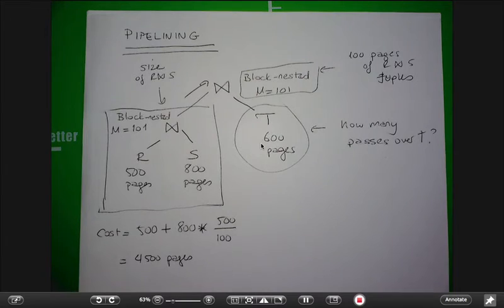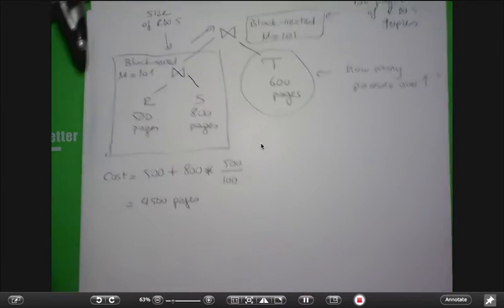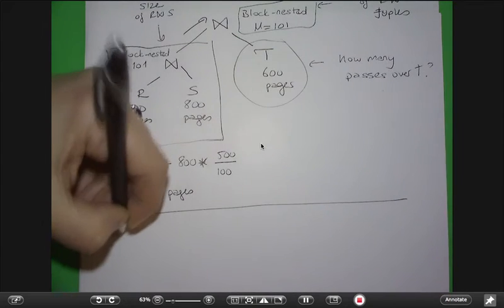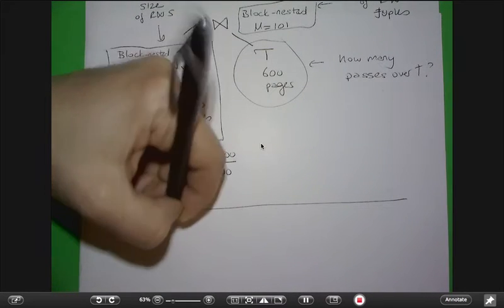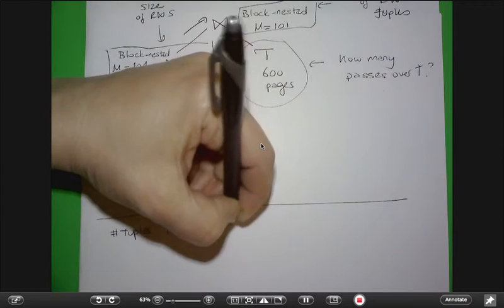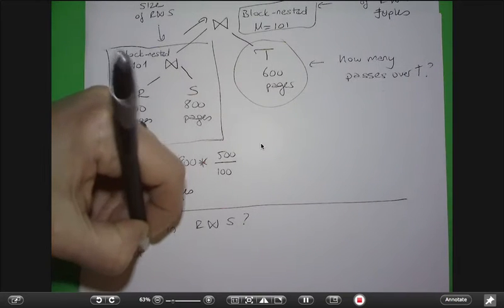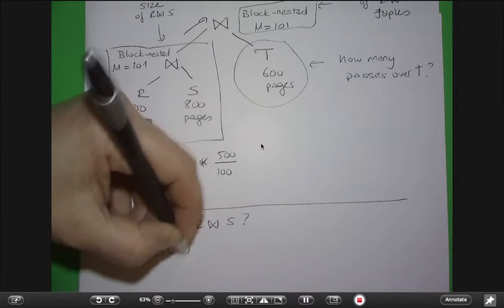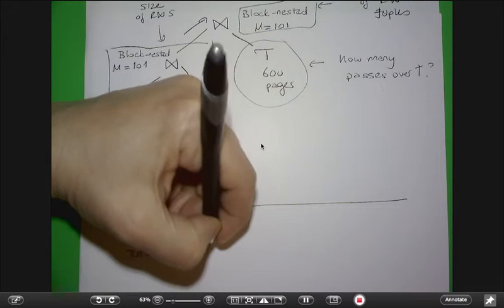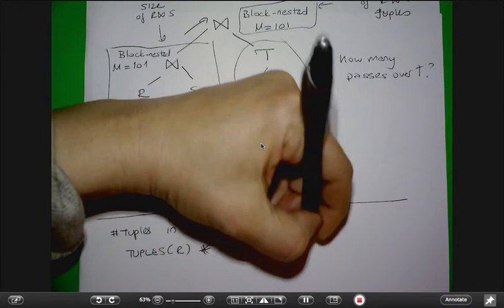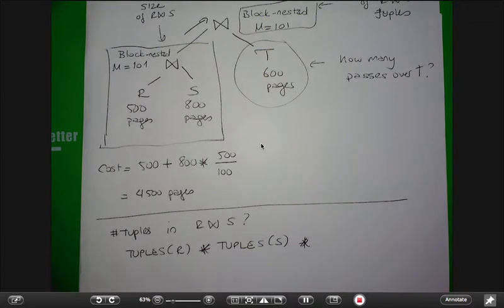First, you can compute the number of tuples in R join S. To do that, I need the tuples of R, the tuples of S, and the selectivity of this join.